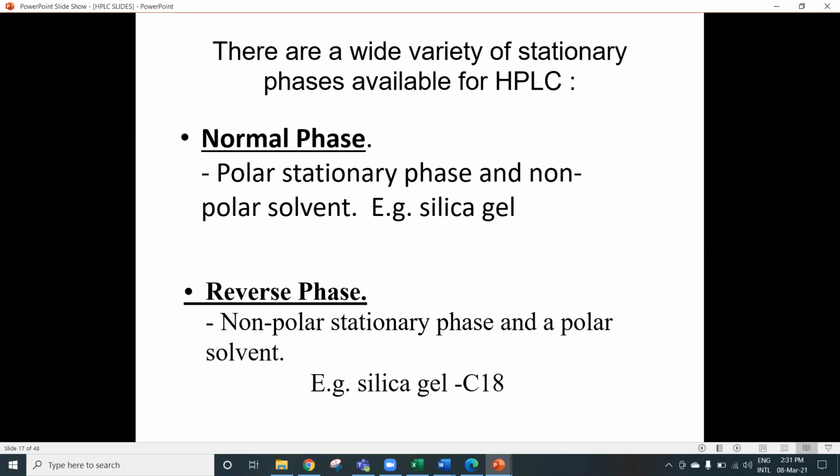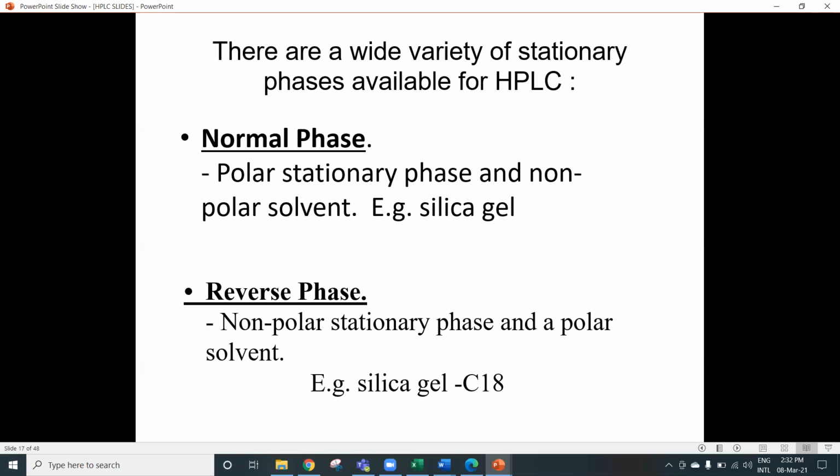Polar analytes or non-polar analytes? Yes, polar analytes, thank you very much. Like would always separate like. So if your stationary phase is polar, the type of analytes that you separate with that will be polar analytes.